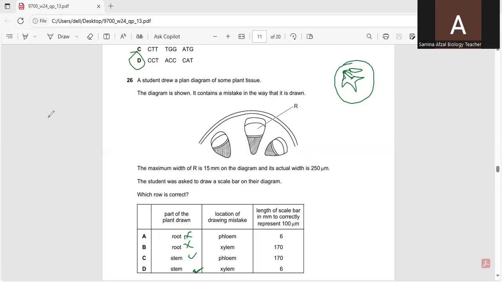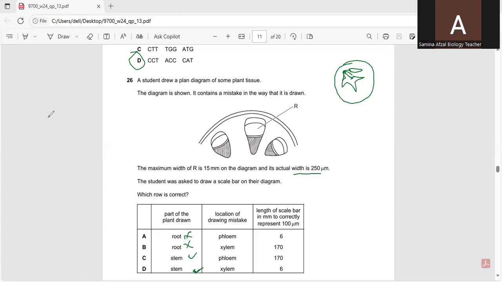So we have to calculate the length of the scale bar in millimeters to correctly represent 100 micrometers. For this purpose, we have 15 millimeters on the diagram, and the actual length is 250 micrometers.